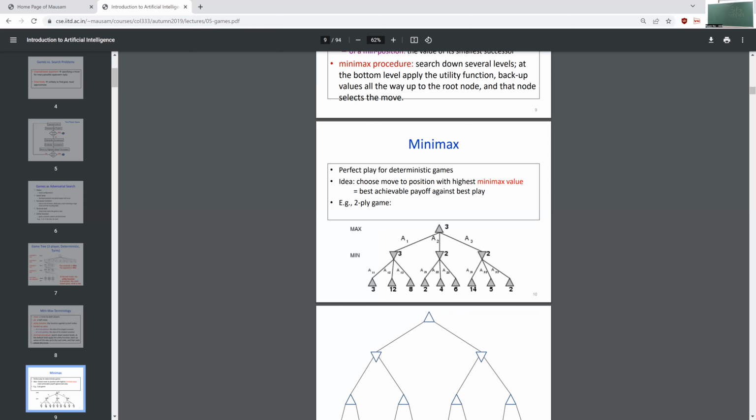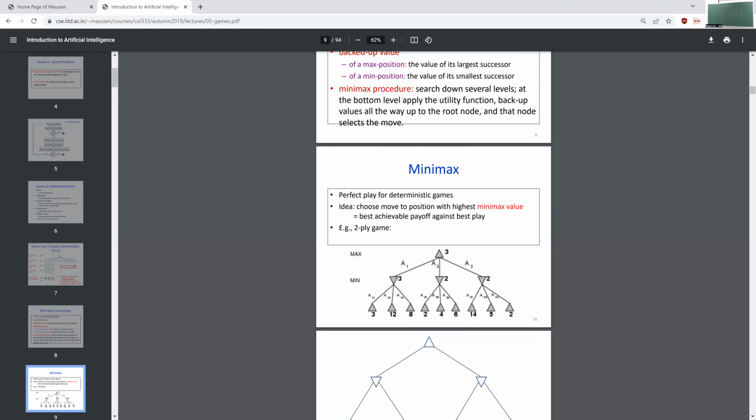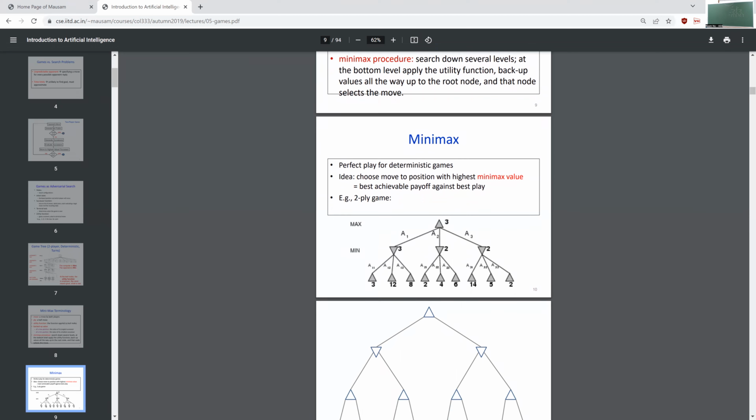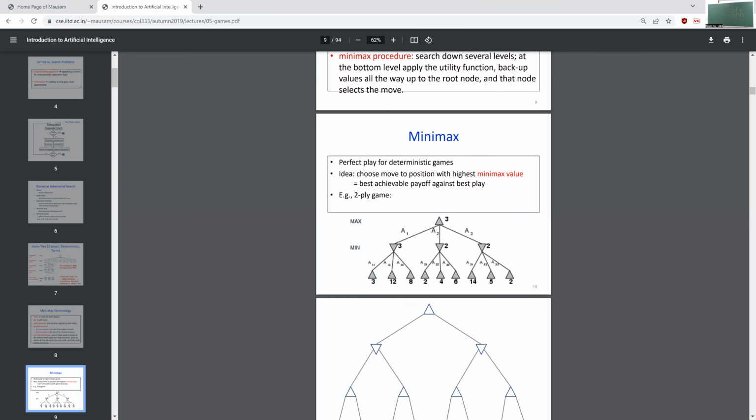In this example, we are assuming that there are 3 options for both the max and the min player at each state. Starting from the root, the max can apply one of the 3 actions, A1, A2, A3. Depending on that, the next state is determined, which is a min node. And the min node again has 3 options.